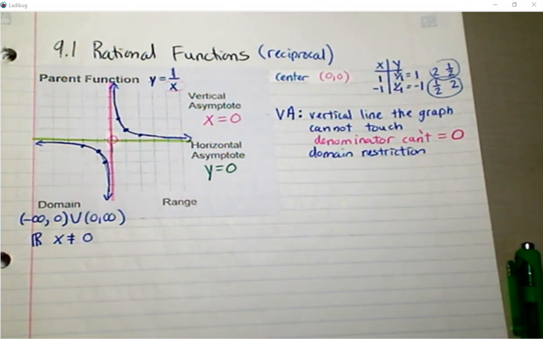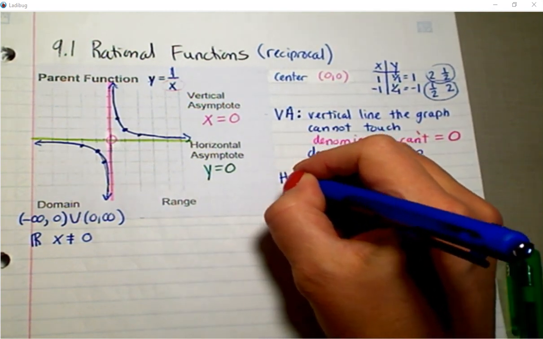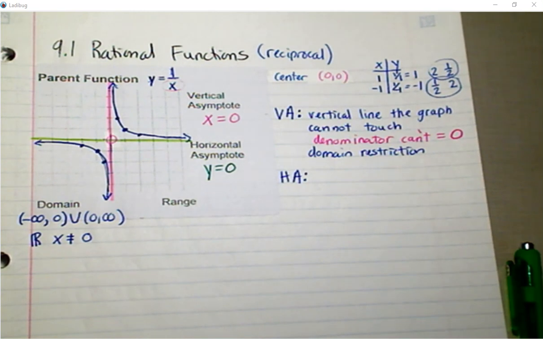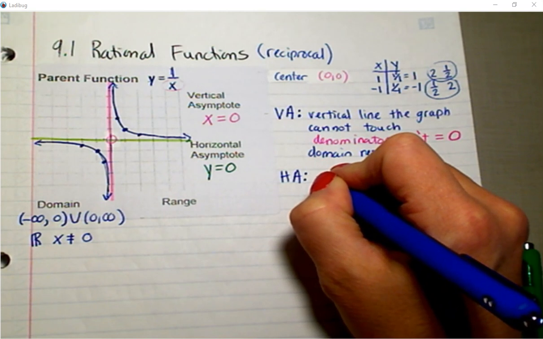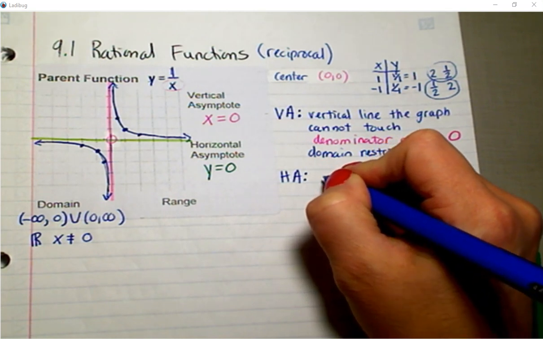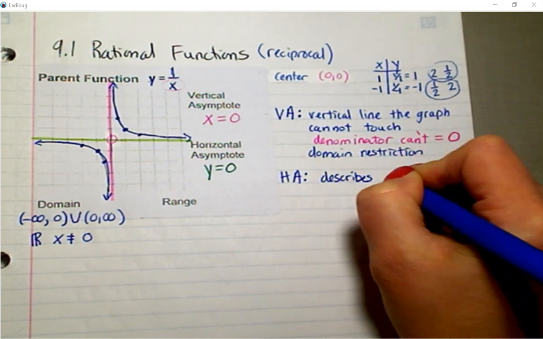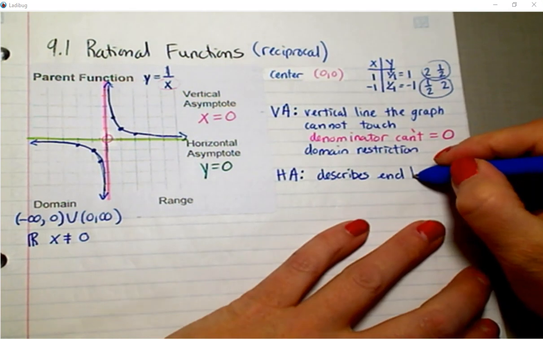So now I need to tell you what this one is, because it's a horizontal asymptote, and I'm going to say HA for abbreviation. But this one has a different description. This one describes end behavior.